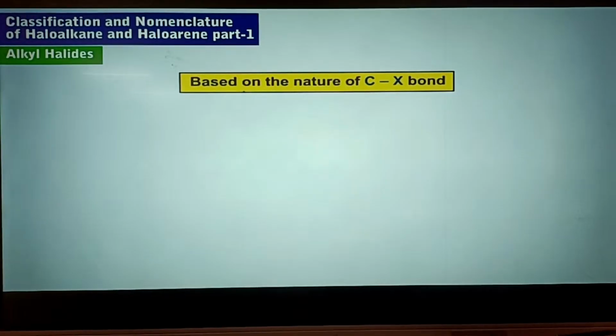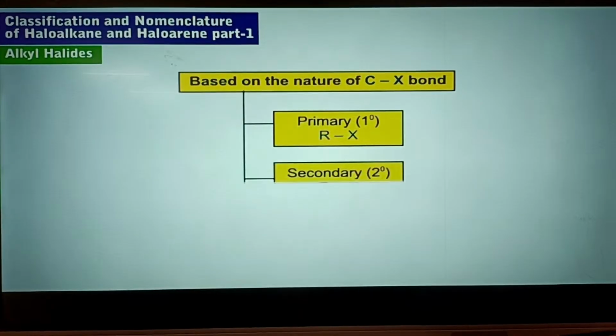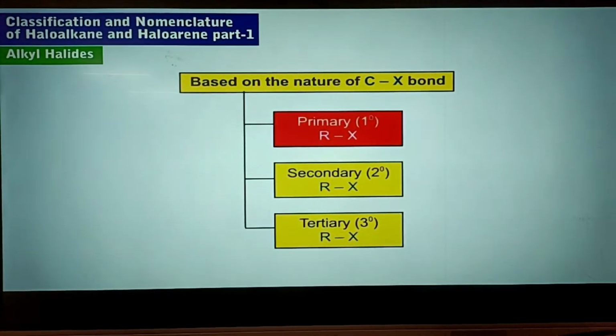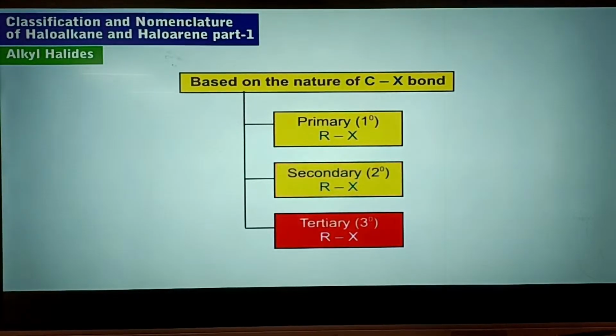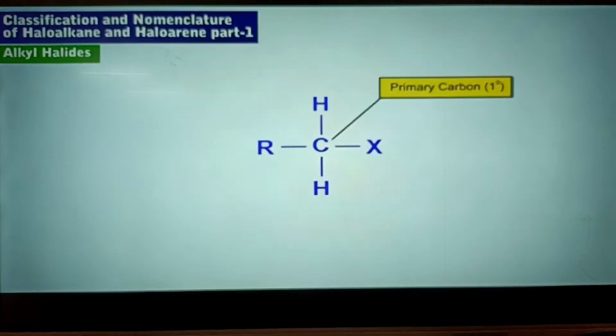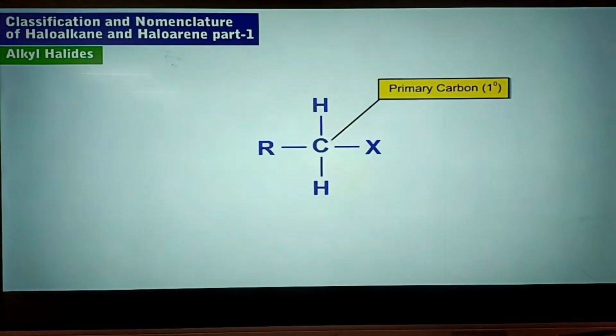Based on the nature of the carbon atom to which the halogen atom is attached, the alkyl halides are further classified into primary, secondary, and tertiary. In primary alkyl halides, the halogen atom is attached to a primary carbon atom.